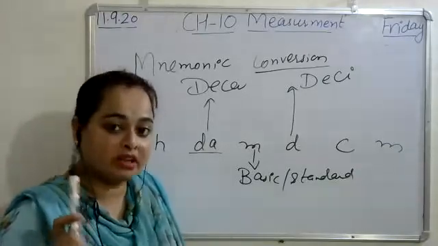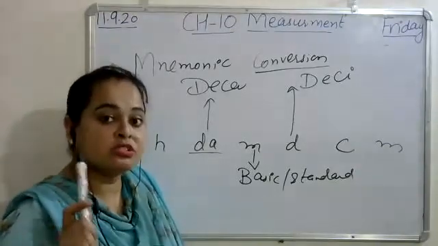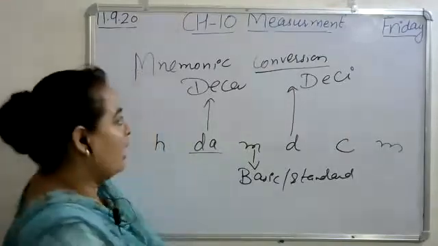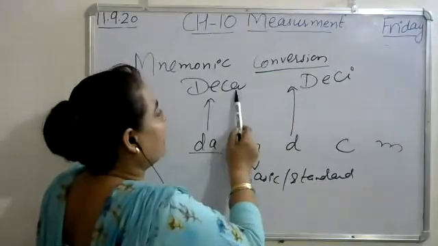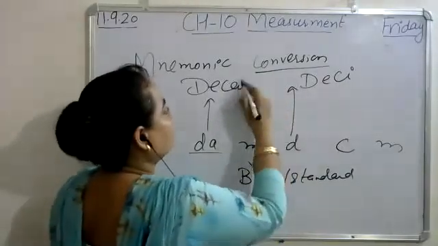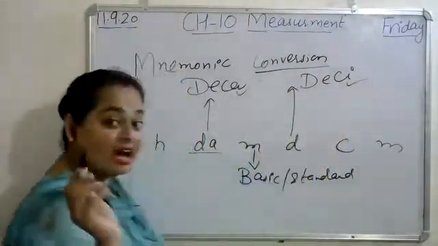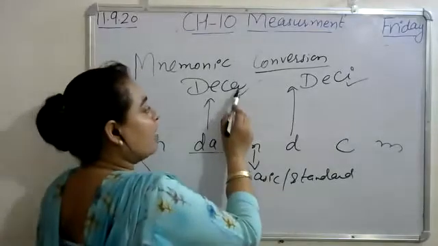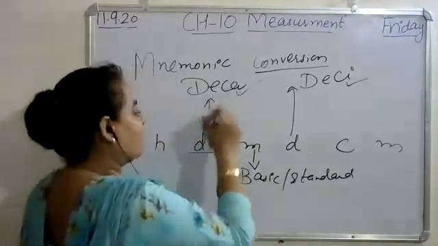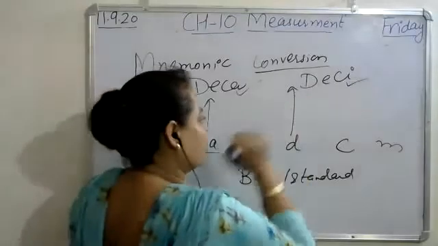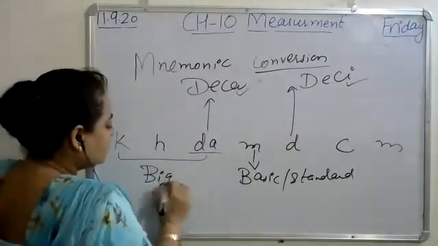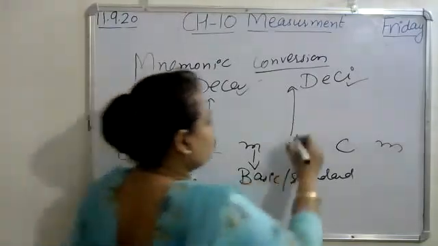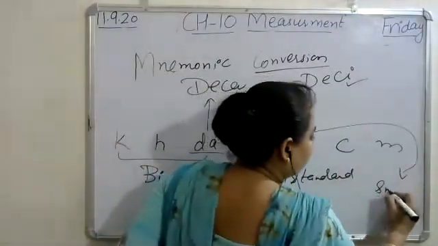No need to get confused. Use the alphabetical order as the spellings are same, but the only difference is A and I. Alphabetically, A comes first, means deca first and deci second. Okay, so all 3 units are bigger units and these units are smaller.